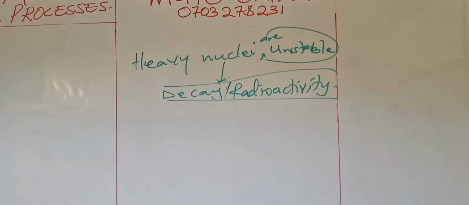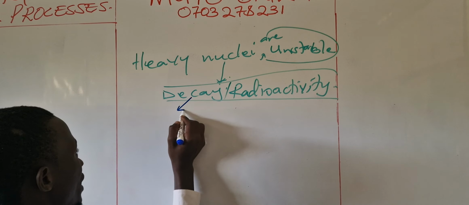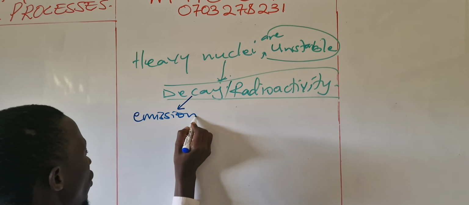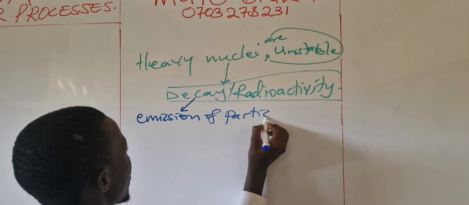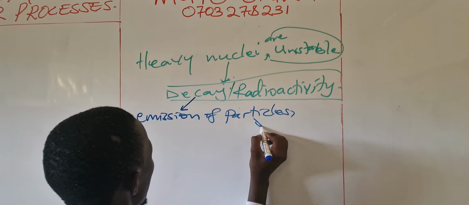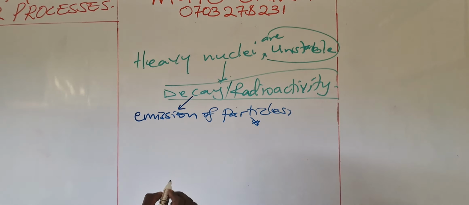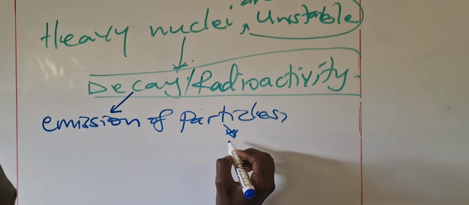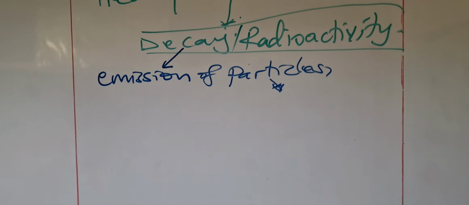So this kind of decay will always involve emission or loss of particles, and these particles will always be known as radioactive particles.